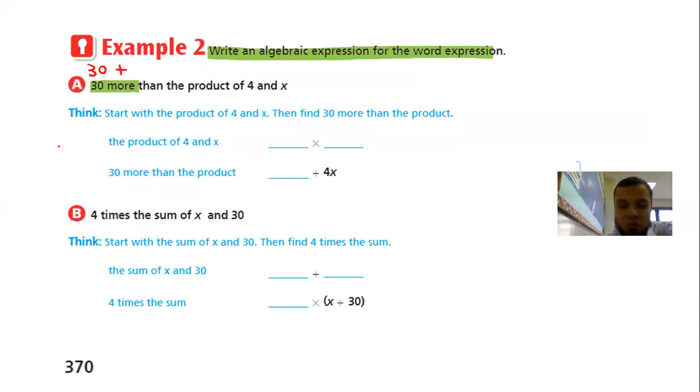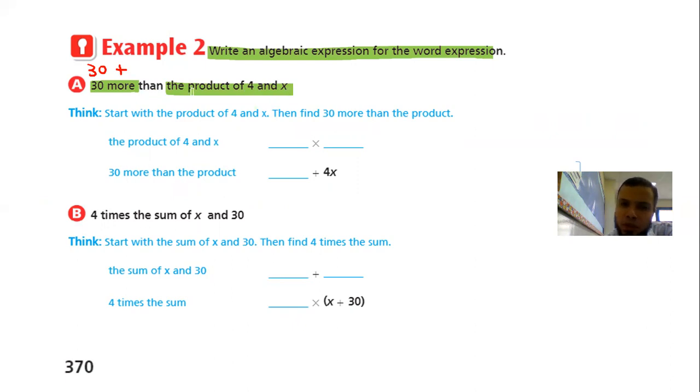I want you to know it before we complete our reading and solution. Then, 30 more than the product of 4 times x. 30 more than the product of 4 and x.